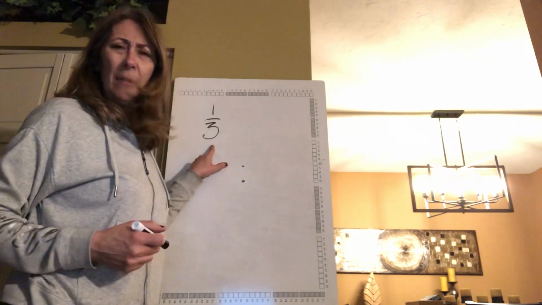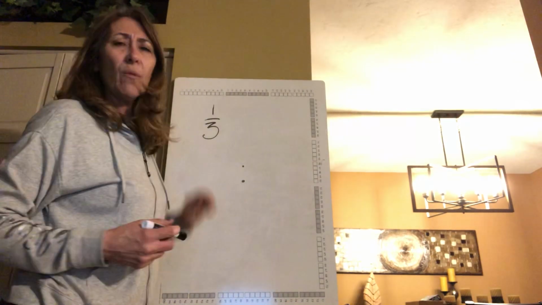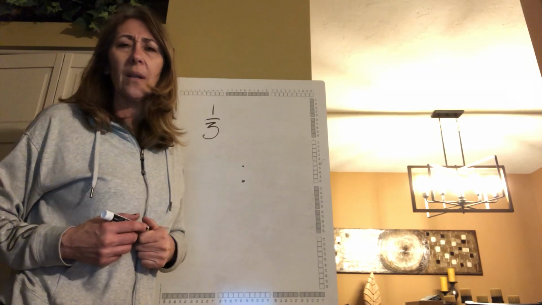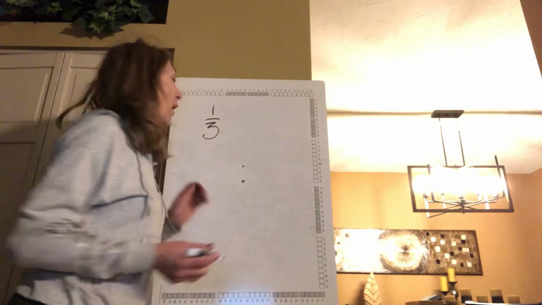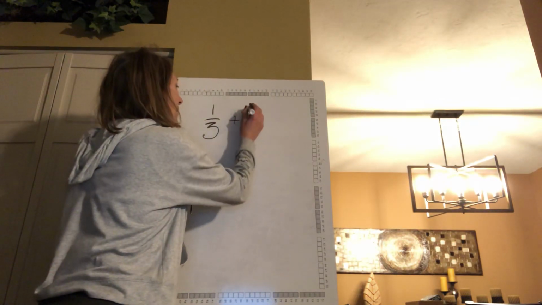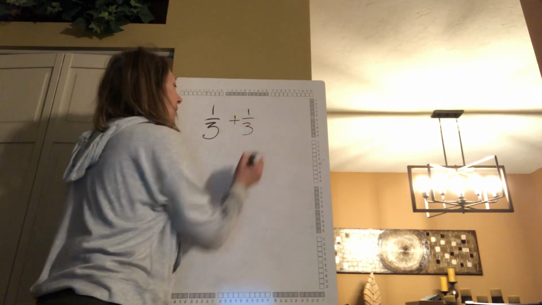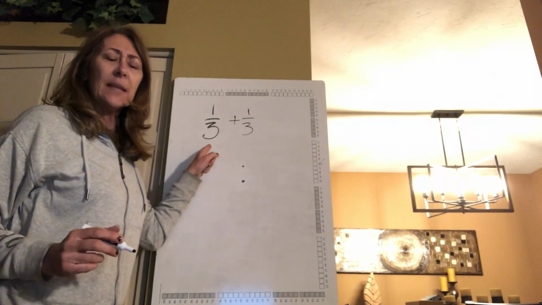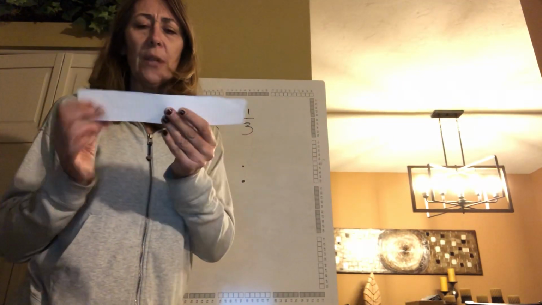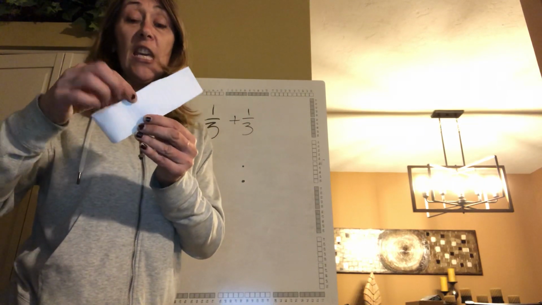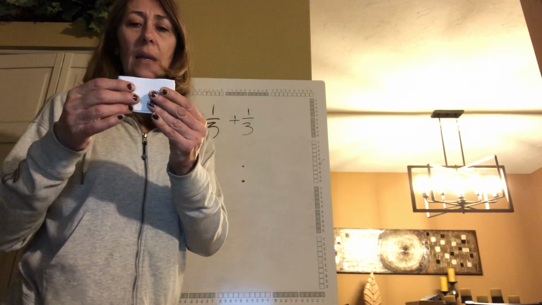My bottom denominator is 3, and I'm going to reference one of those. So 1/3. If I have 1/3 plus 1/3, that means I have 3 pieces in the whole. And here's my paper, and I'm going to divide it into 3 equal pieces.